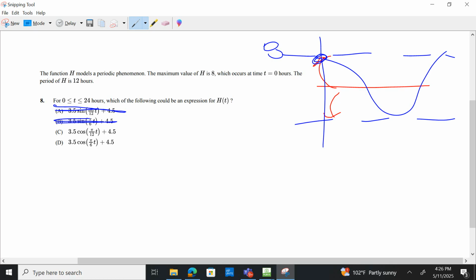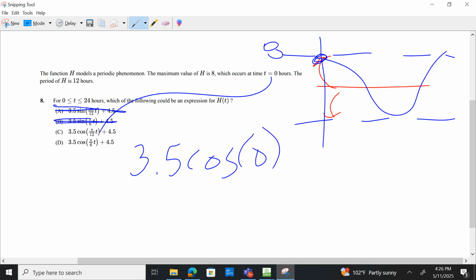So let's try option C. I have 3.5 times the cosine of, when I plug in t equals 0, 0 times pi over 12 is 0. I just want to go back and read this, which occurs at time 0. So I want to get an answer of 8.